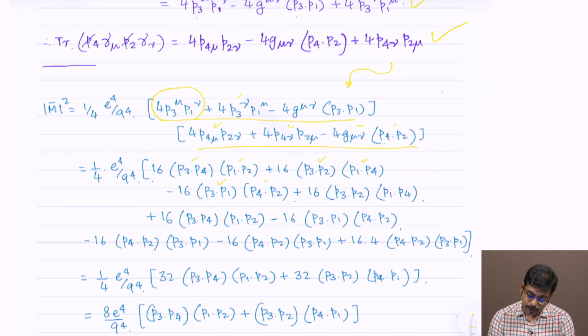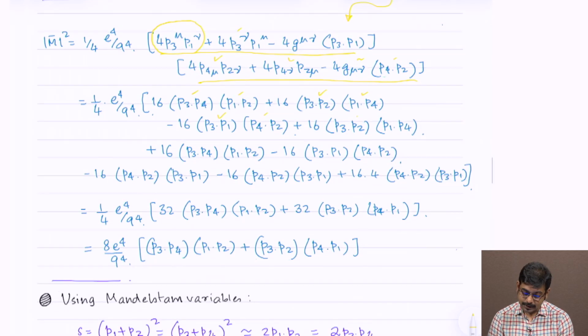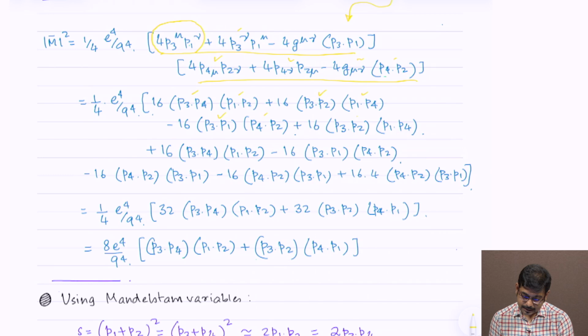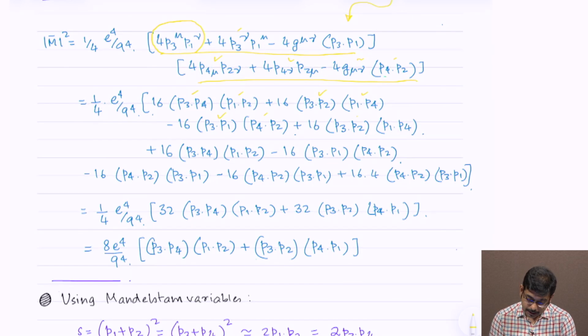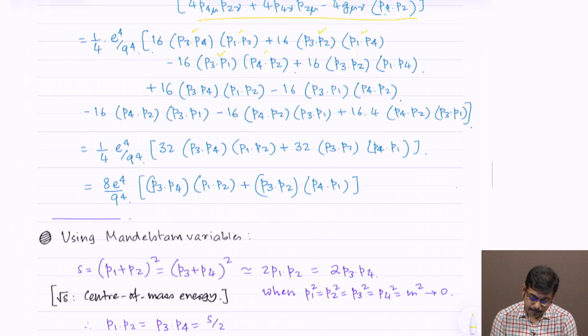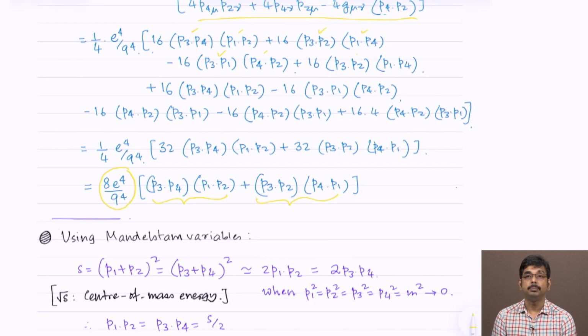And now you take the next one, do the similar multiplication, write all the terms neatly. And if you do this algebra, you will see that many of these combinations get cancelled. The one that will eventually remain will be this combination, that it will have 8 e to the power 4 by q to the power 4, P3 dot P4 into P1 dot P2, plus P3 dot P2 into P4 dot P1.